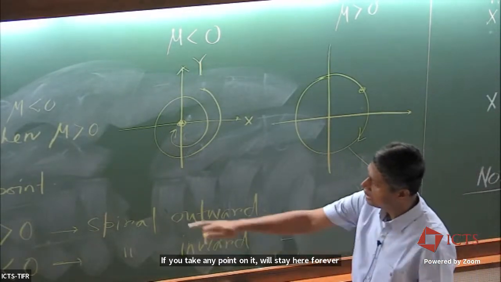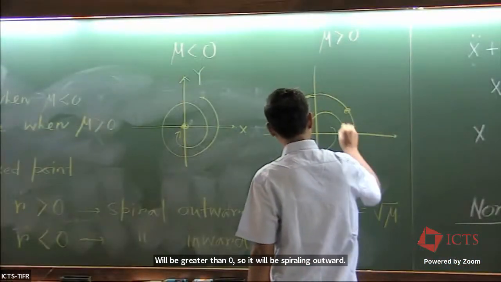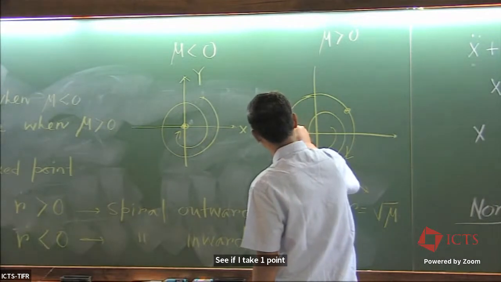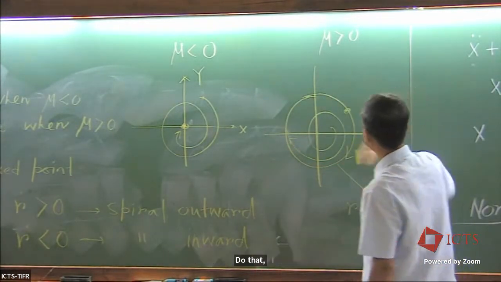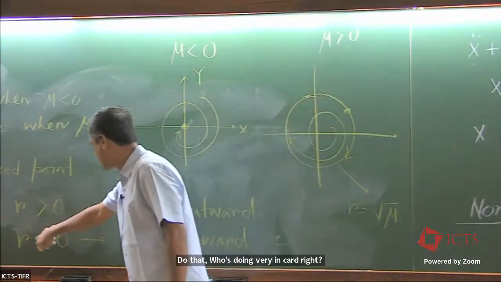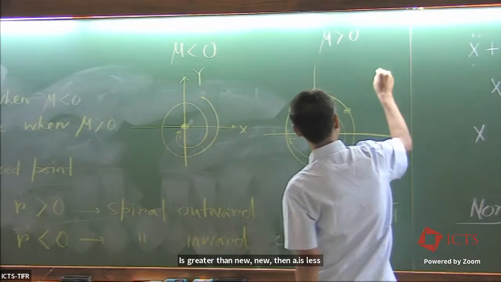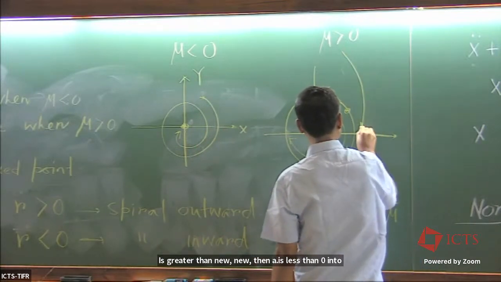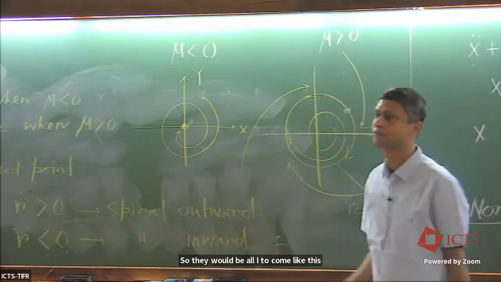Now, as I said, if r is less than root mu, then r dot will be greater than 0, so it will be spiraling outward. So if I take one point here, it will try to converge to that closed invariant curve, right? And if r is greater than root mu, then r dot is less than 0, it will spiral inward. So they would all try to come like this, right?